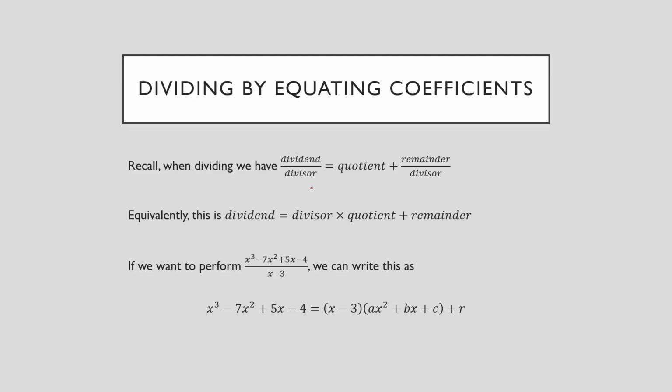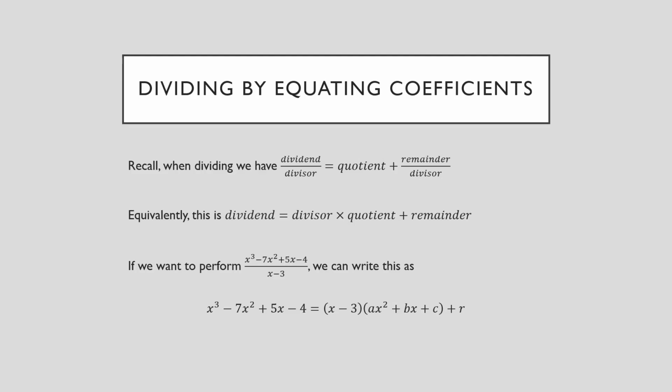Now, if I multiply both sides of this equality by the divisor, the left-hand side just becomes my dividend. The right-hand side becomes my divisor times that quotient we get up the top, plus just the leftover number. Okay, so what does this mean for us?